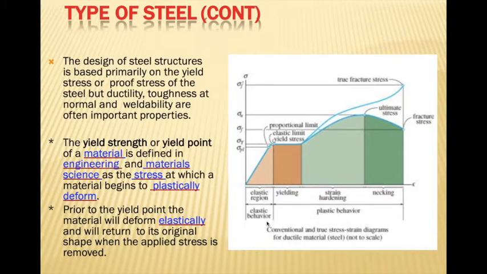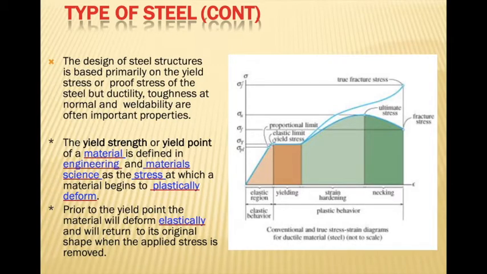When we talk about the elastic behavior, it means that when we pull our material and then release it, it will go back to its original shape or original length.